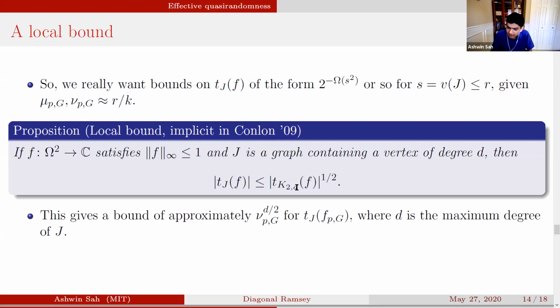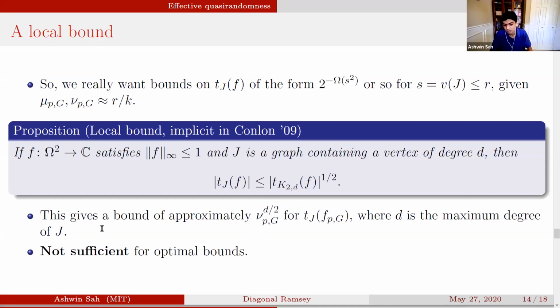Just recall the bound that we had for this K2D density. We get a bound of nu to the power of d for this graph density, where d is the maximum degree of J. It's unfortunately not sufficient. If you work out the argument, then you can find that this k over log k threshold is seen from some local bound on these graph densities.